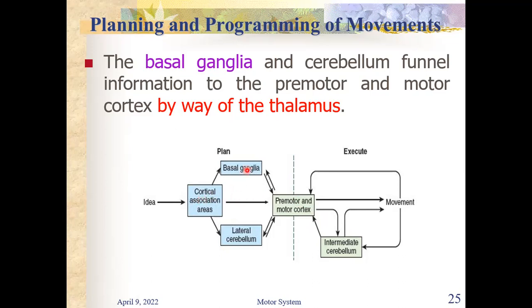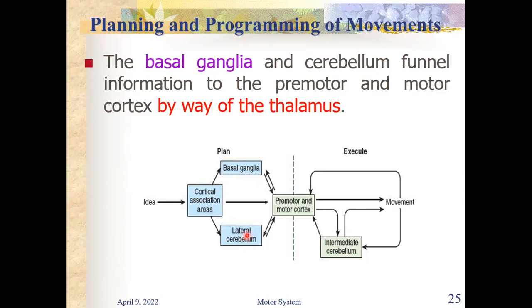So now, the basal ganglia and the lateral cerebellum are involved in planning. Once the cortical association areas conceive that idea and motivation to make a movement, they share that idea with the basal ganglia and the lateral cerebellum. The lateral cerebellum is also known as the cortical cerebellum.